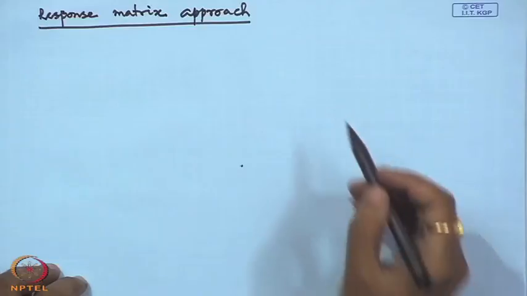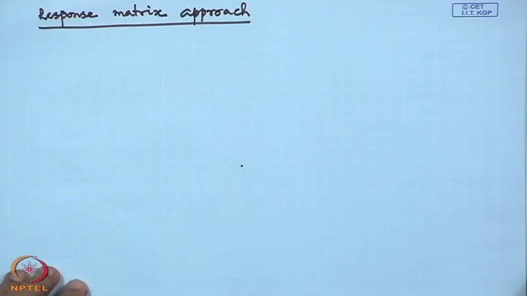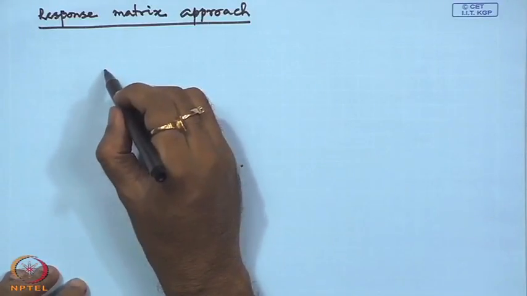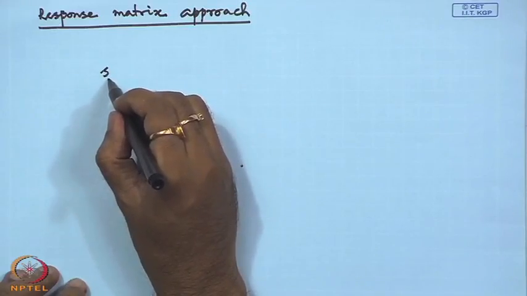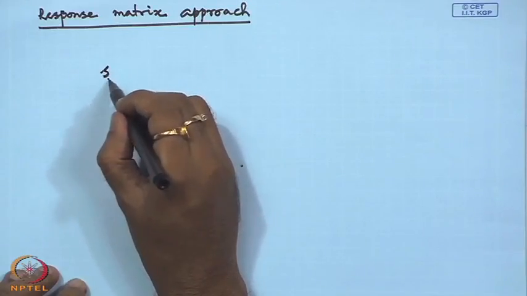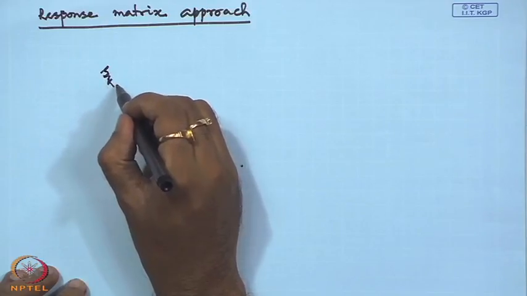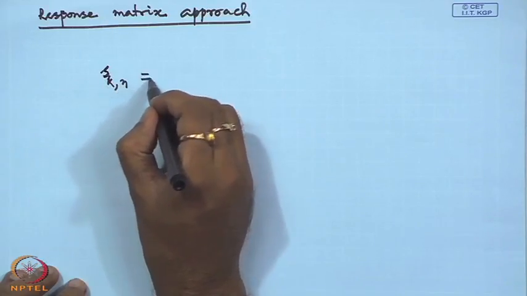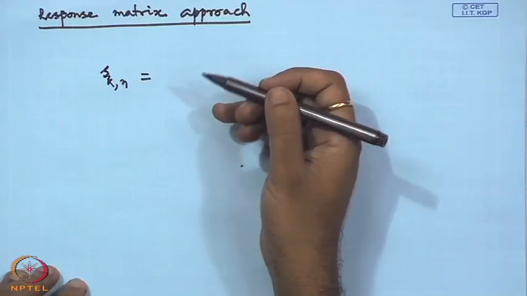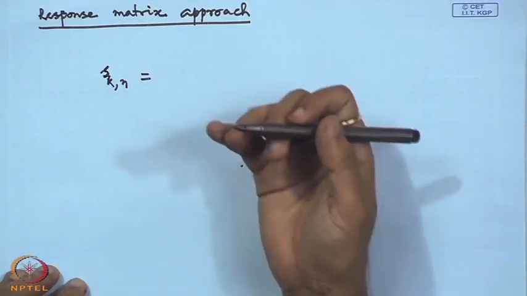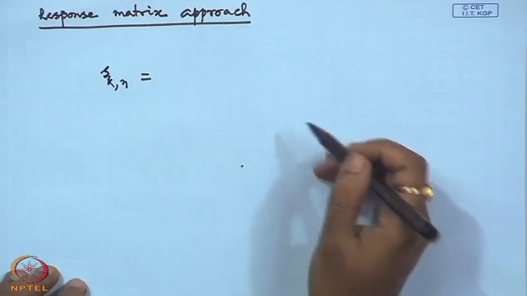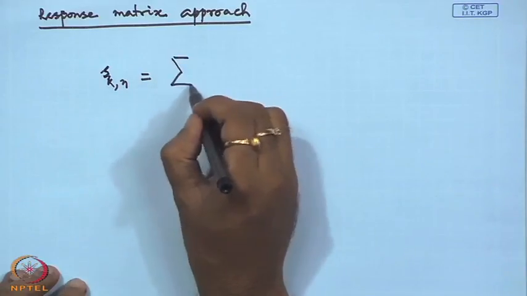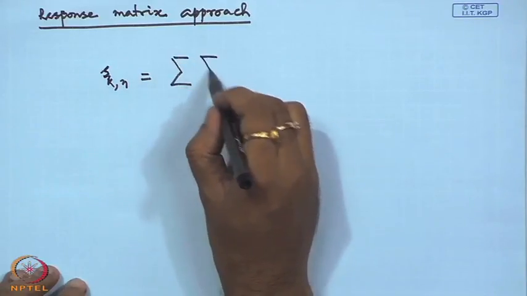In this response matrix approach, let us say the drawdown S for any location k, where k is the spatial location or cell, and n, at the end of the nth time period, can be written in terms of this expression.